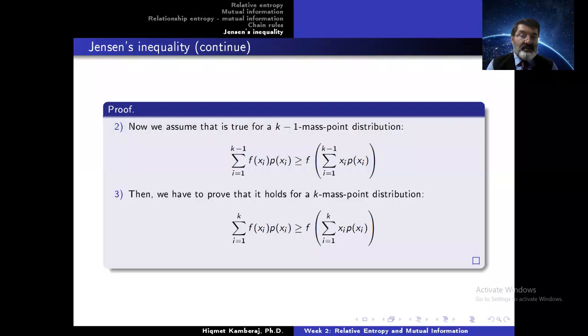Now this is assumed to be true. Now for the mathematical induction to be shown true, we have to prove that it holds for a k mass point distribution. That is, I have to show that the sum of i from 1 to k of f of xi times p of xi is greater or equal to f of the sum of i from 1 to k of xi p of xi.